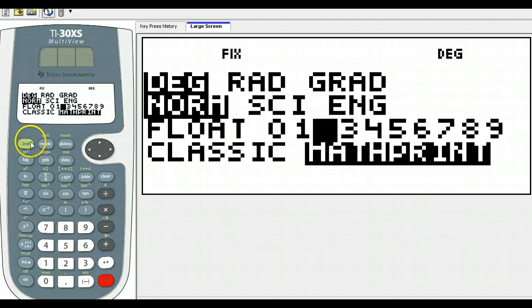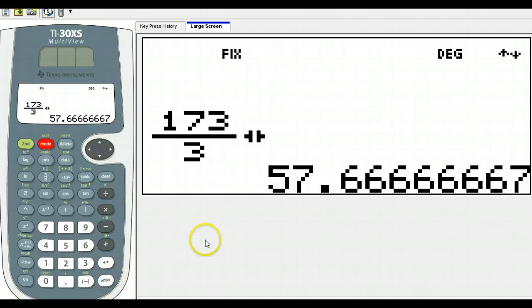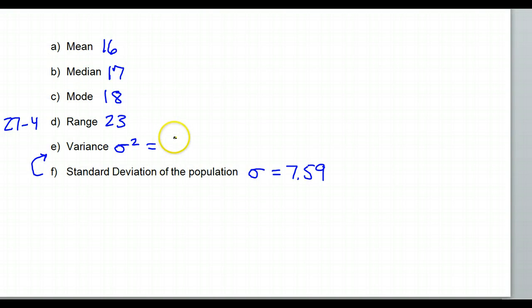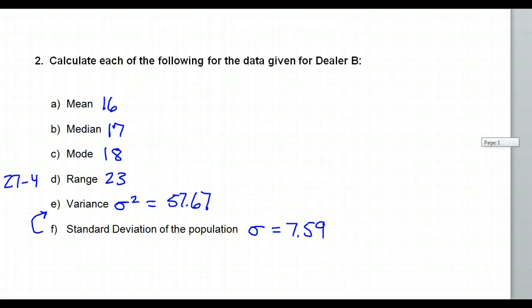And now when I go back and hit enter, now it automatically rounds for me, so 57.67. And that's the variance. Okay, so that's the information for dealer B.